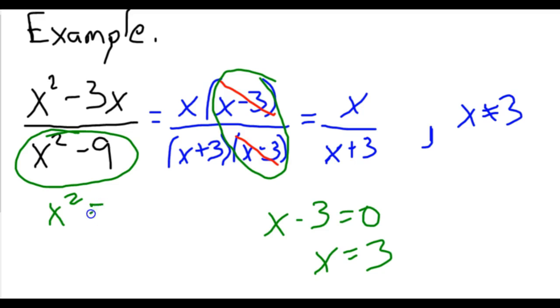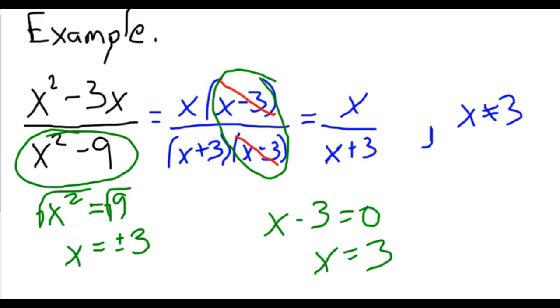So if we simplify that, we get x squared equals 9. Take the square root of both sides. We get x is equal to plus or minus 3. Those are the two values that make this function undefined, so we can't have those in our domain.